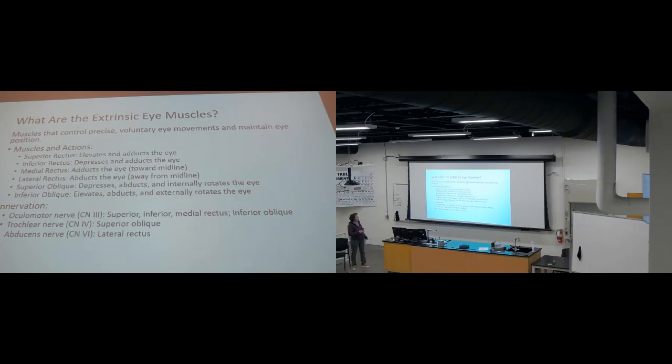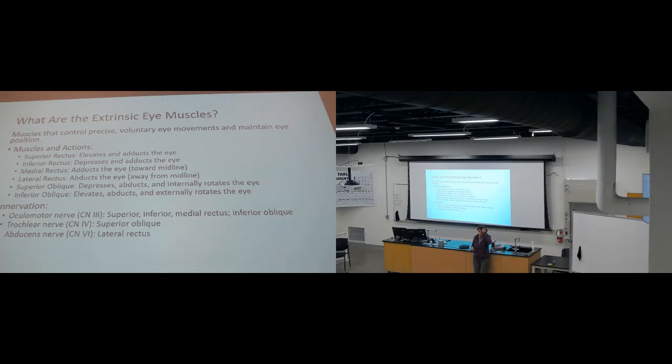So, extrinsic eye muscles. These muscles are important to move our eyeball in different directions. And these are muscles that basically have a lot of innervation, because if there is something we want to control more, it's the eyes.